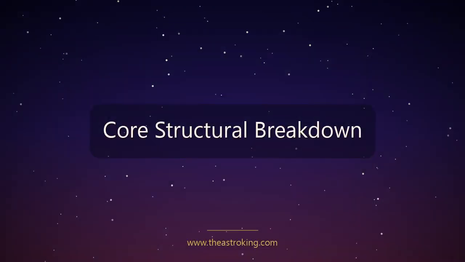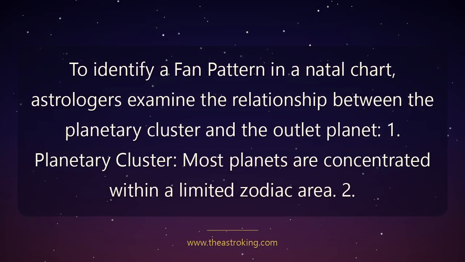Core structural breakdown. To identify a fan pattern in a natal chart, astrologers examine the relationship between the planetary cluster and the outlet planet. 1. Planetary cluster. Most planets are concentrated within a limited zodiac area. 2.